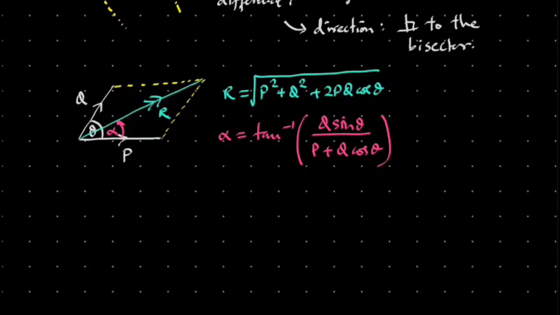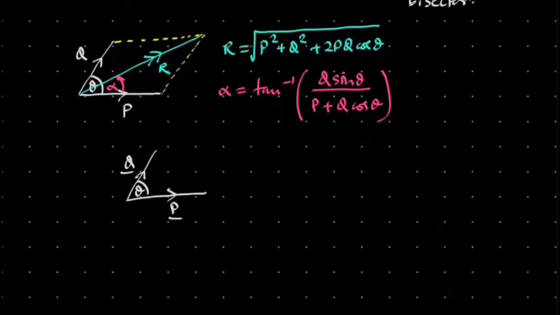In this case, if I want to subtract Q from P, let me draw another diagram. So vector P is this way, vector Q was this way, and the angle was theta. I want to subtract Q from P. So what I'm going to do is reverse Q and make it minus Q. Now the angle between the two vectors becomes 180 minus theta.